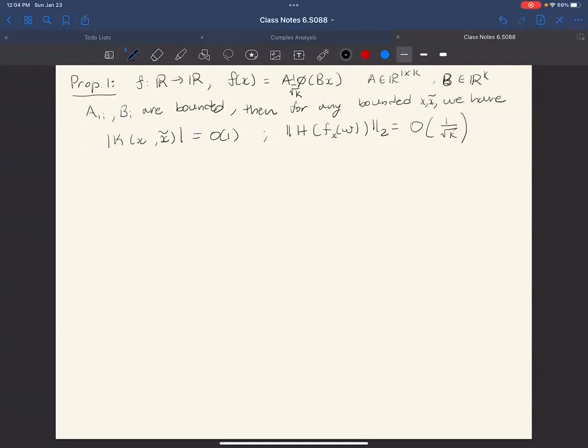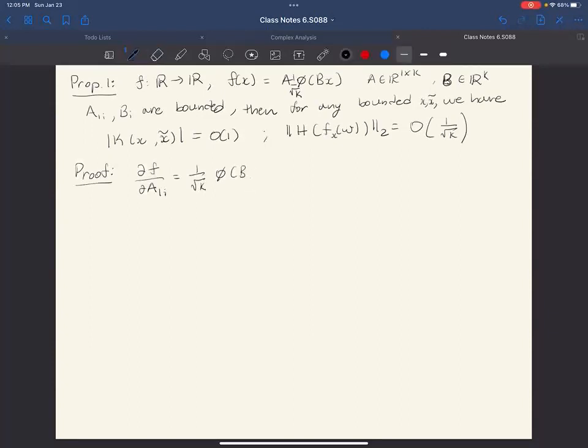The proof is actually just going to follow directly from this computation. We already know that the kernel is going to be bounded and of order 1, following exactly from the computation from before. But let's first compute the gradients again, because we are going to need these to compute the Hessian. Remember that the gradient with respect to a_1i is just 1 over root k phi of b_i x.